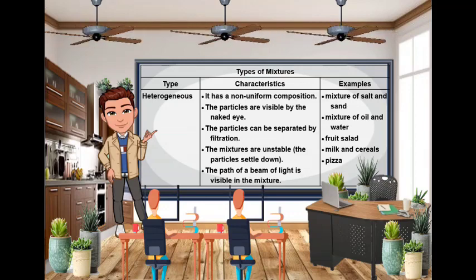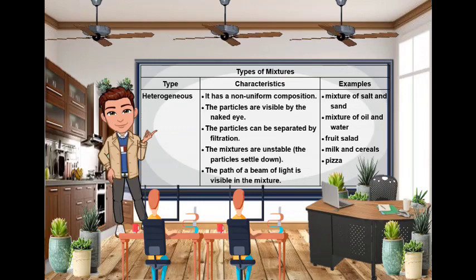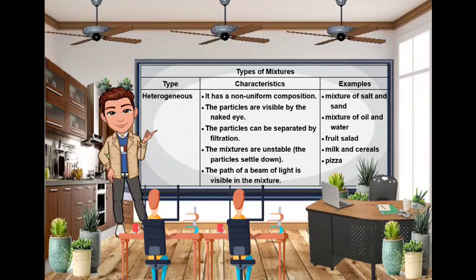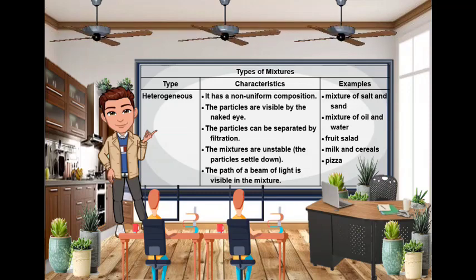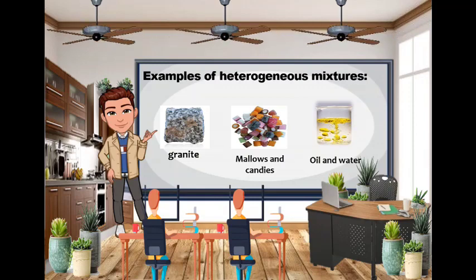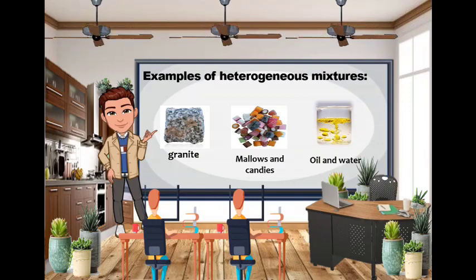Examples of heterogeneous mixtures are mixture of salt and sand, mixture of oil and water, fruit salad, milk and cereals, and pizza. So these are the examples of heterogeneous mixture. We have here granite.